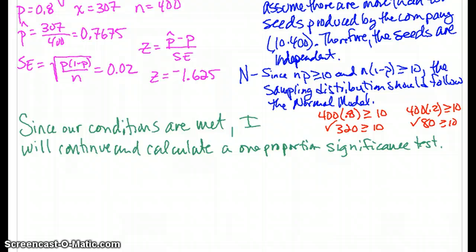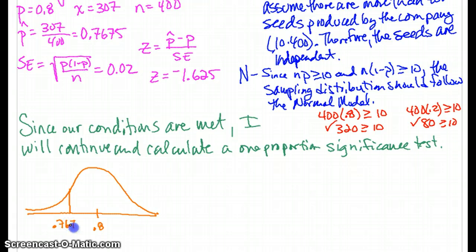And now we're ready to make our picture. For our picture, let's make sure we have our normal model. We have 0.8. We know that we have 0.7675. We're shading. And then we know it's two-tailed, so we need to shade on this side.